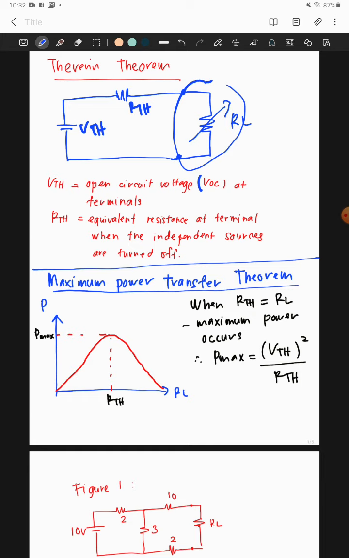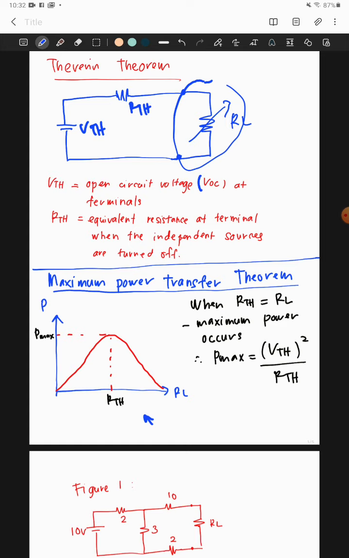Okay. Because our aim in this lab is to find the maximum power transfer theorem, this is what we expect from the data that you measure in this simulation.